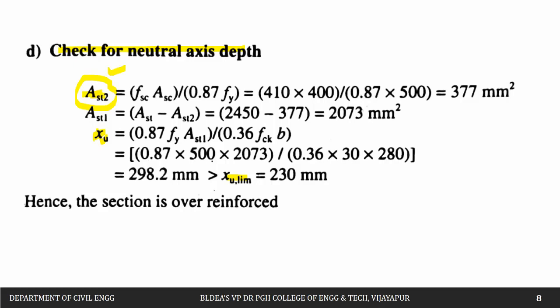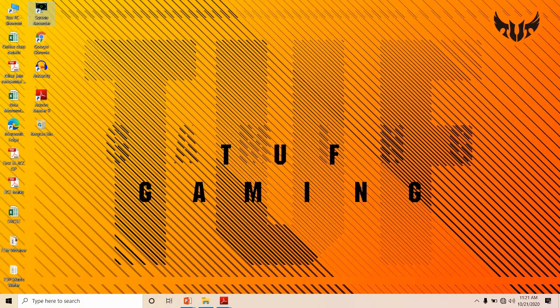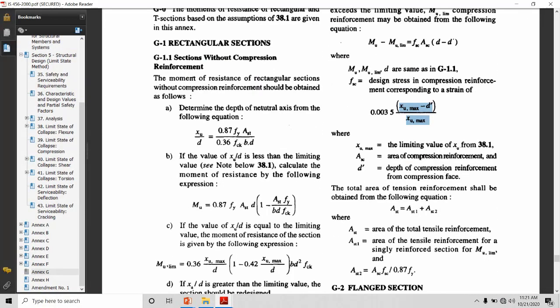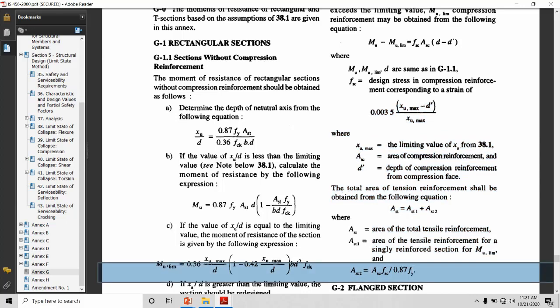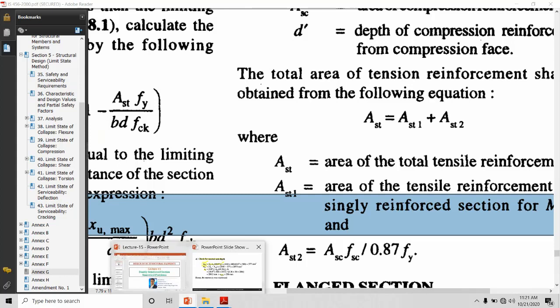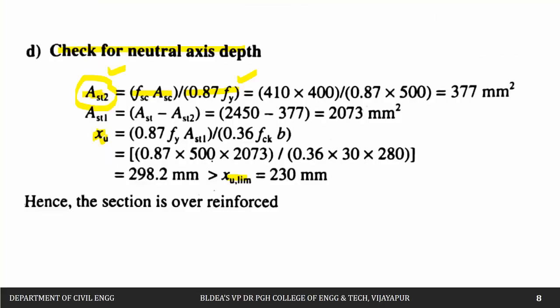How do we calculate it? The formula is FSC into ASC divided by 0.87 Fy. This formula is already given in the code book IS 456. We can see AST2 is equal to ASC into FSC divided by 0.87 Fy. The same formula we are going to use.